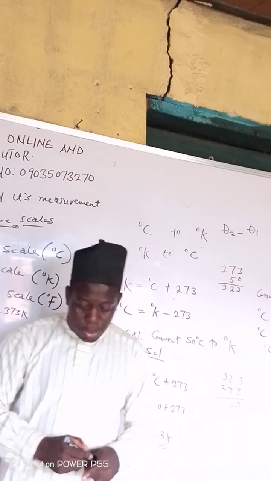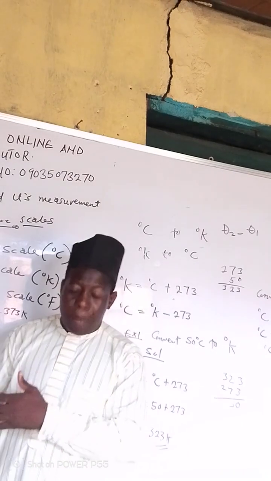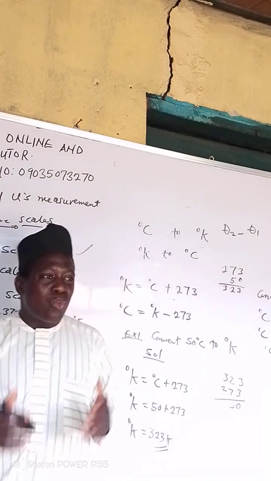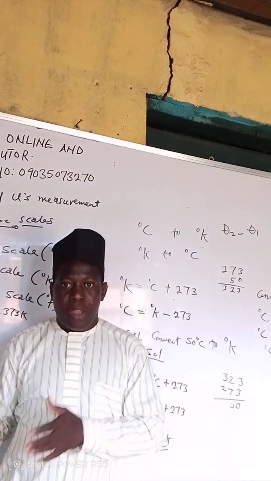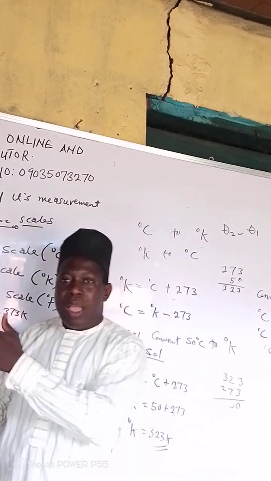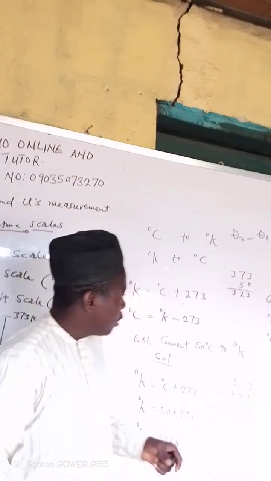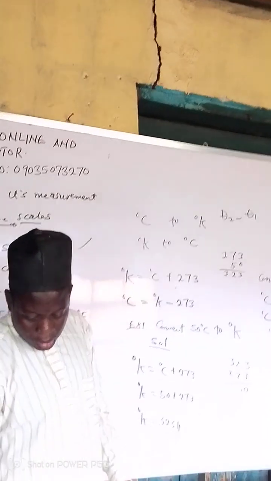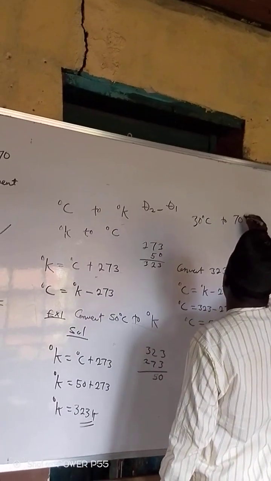When the question asks us to find the temperature change, it means we are going to be given two different values for temperature, and then we subtract one from the other. We are given 30 degrees Celsius to 70 degrees Celsius.